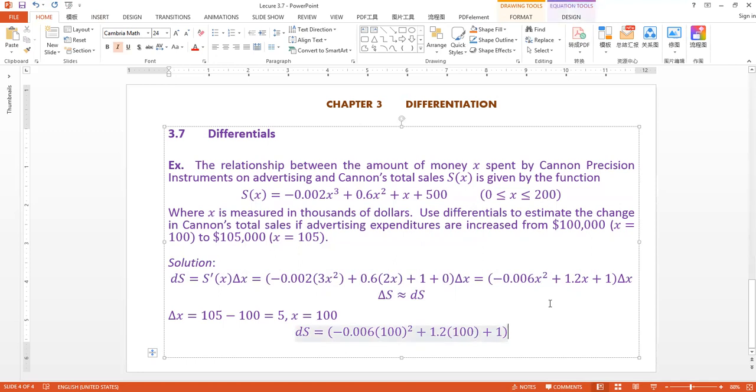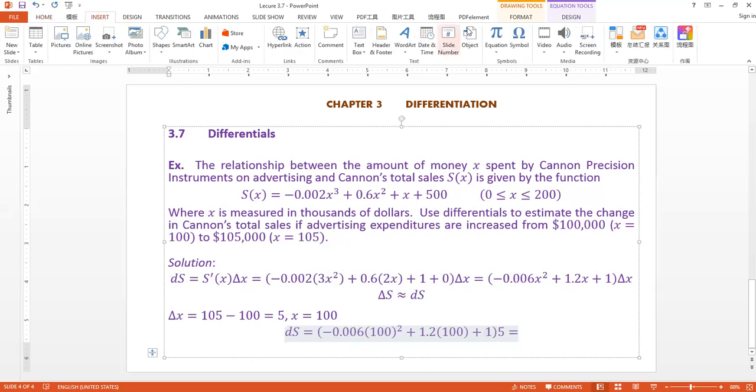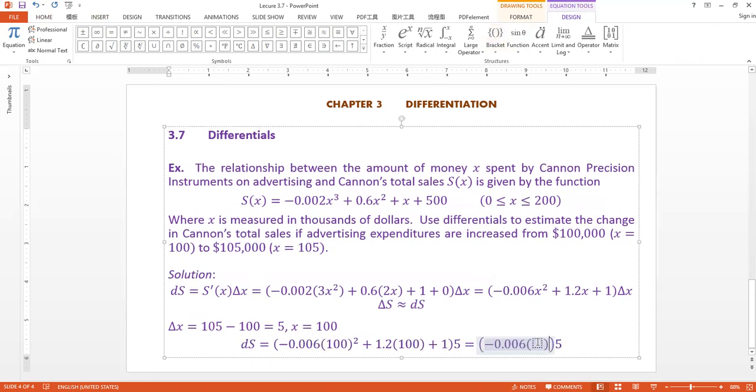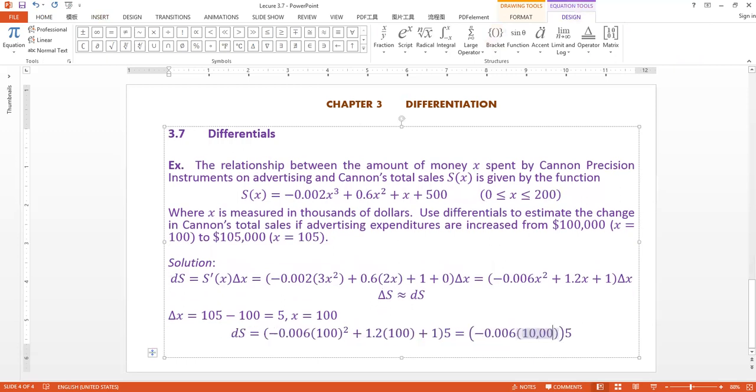So multiply by 5 at the end. The next thing is just figure out the number. 100 squared is 10,000, isn't it? So that's negative 0.06 times 10,000, plus 1.2 times 100, so that's 120, and plus 1.